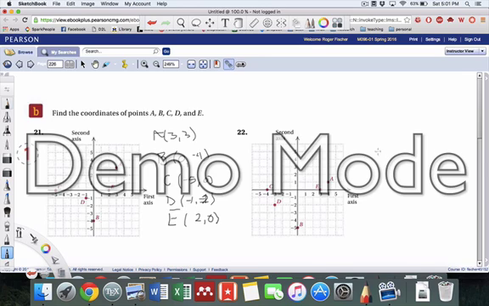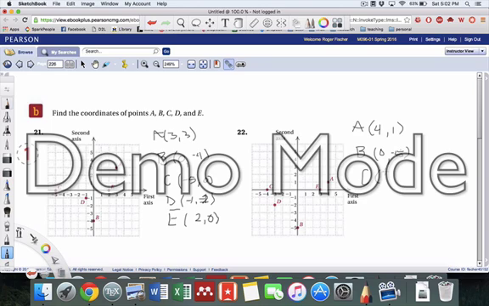Let's look at number 22 here. We'll use the same notation, letter, and then parentheses. A: first coordinate's 4, second coordinate is 1. B, first coordinate is 0, second coordinate is negative 5.